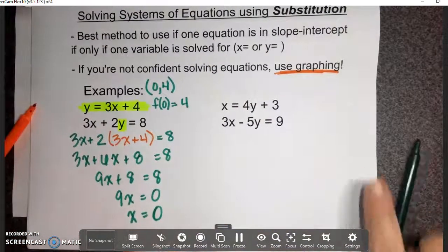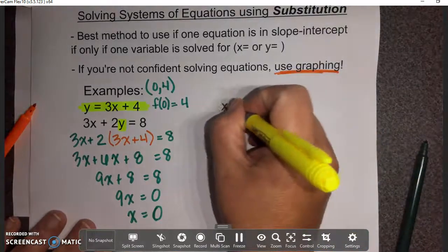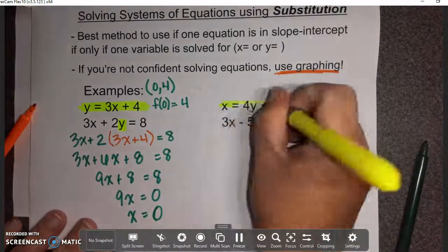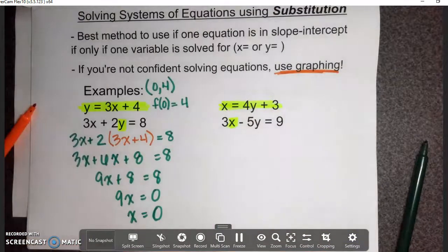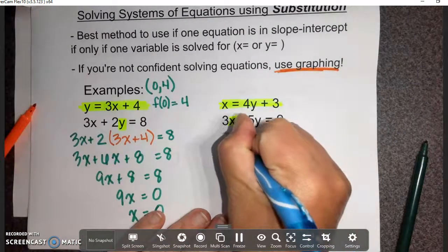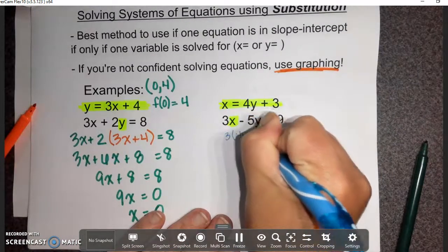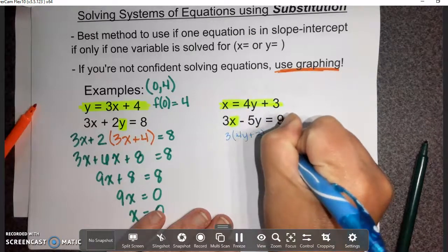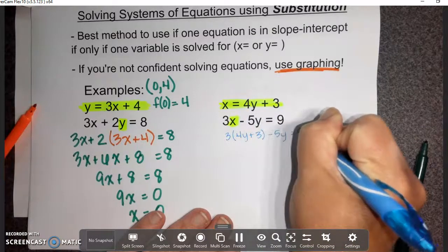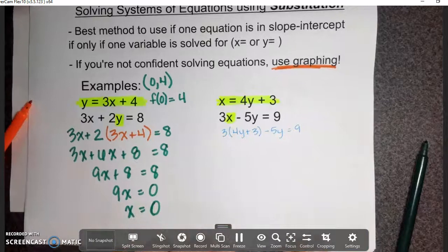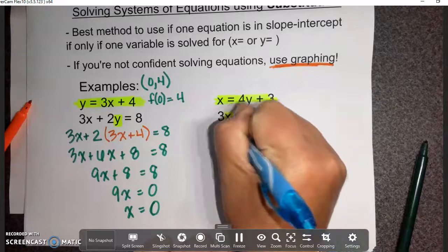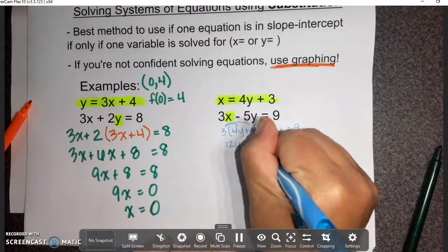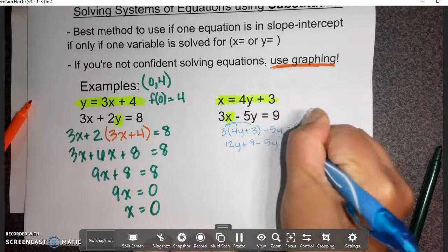Okay, let's try this one. This says x equals, so substitution is a good method. I'm substituting it in right there. So I have 3, 4y plus 3 minus 5y equals 9. So I'm solving for y. 12y plus 9, I just did distributive property, minus 5y equals 9.